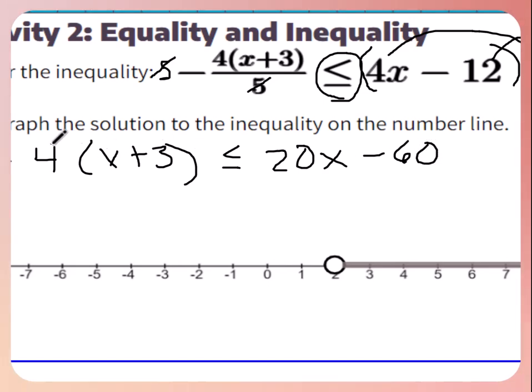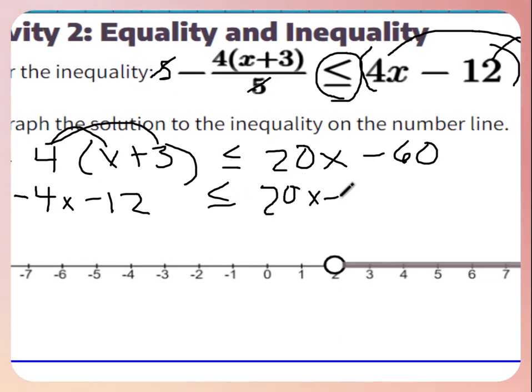On the left hand side, distribute the negative 4: negative 4x, and then negative 4 times 3 is negative 12. Bring down the less than or equal to, and we have 20x minus 60.